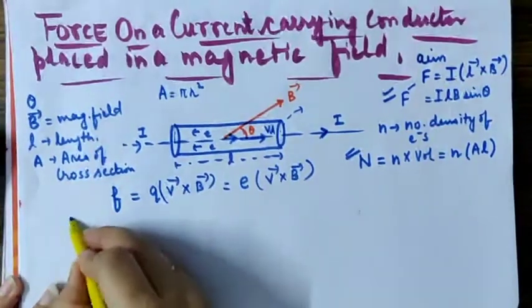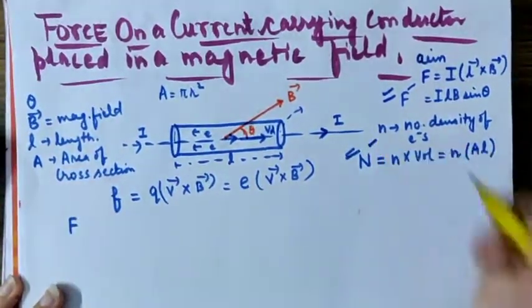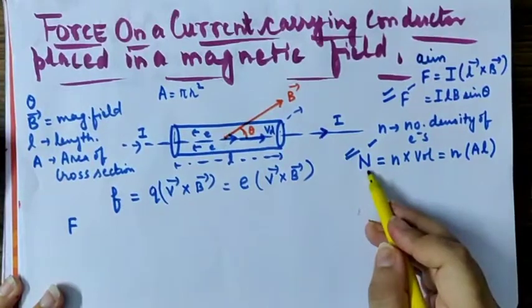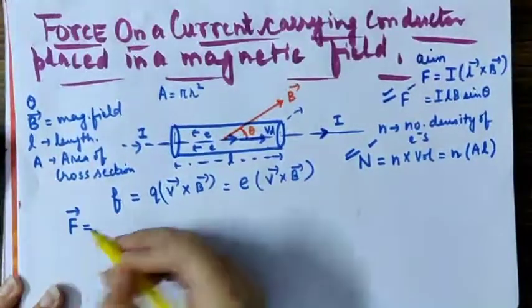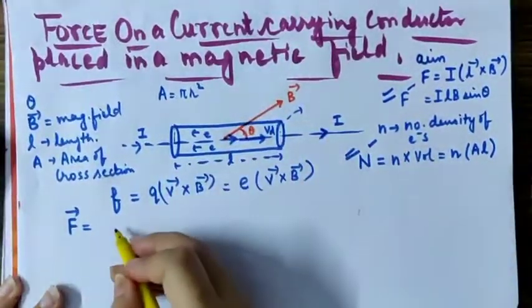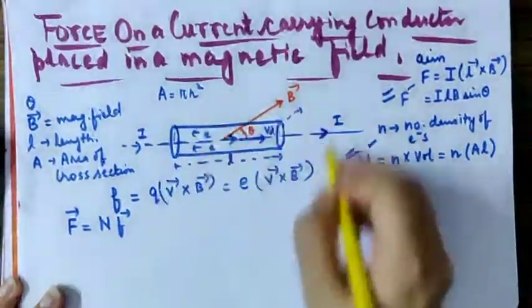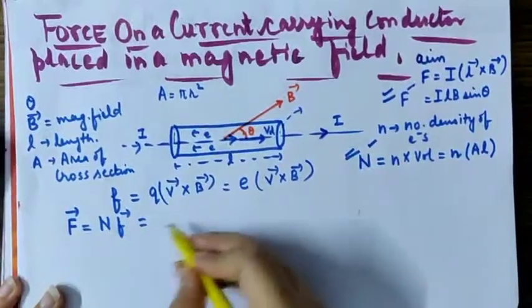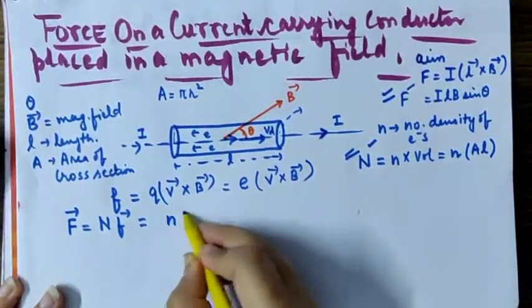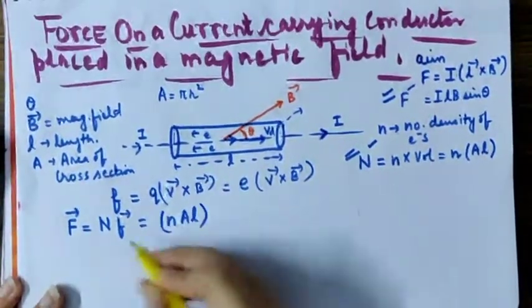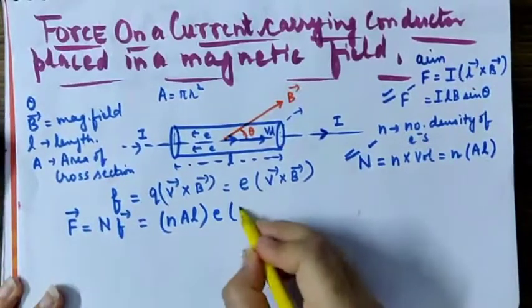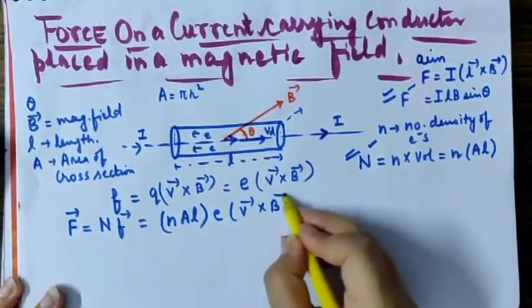Then how many electrons are present inside it? I stated earlier, the number of electrons is capital N. Then the total force on all the electrons will be equal to N F. Total force acting on the wire is N F. The value of N you can open it to be n A L. Further, the value of F is e V cross B. What is V?